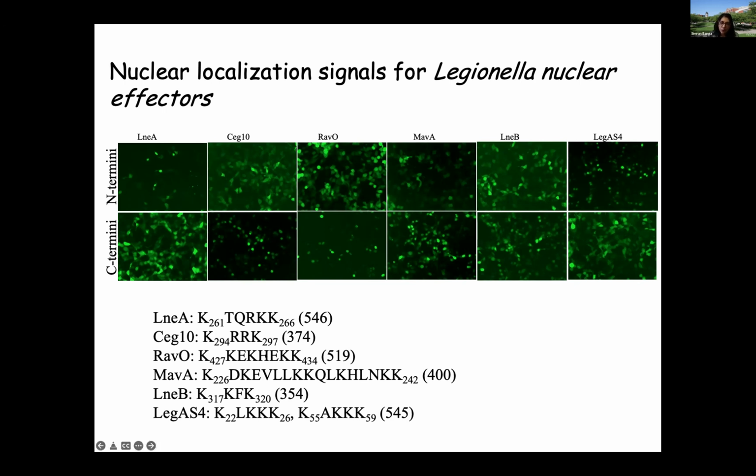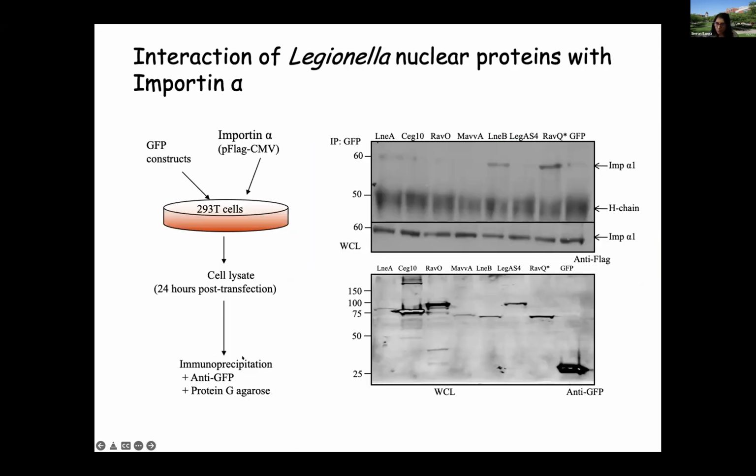So if these are NLS sequences, then they have to also bind to the importins. Here is where I looked for the interaction of the Legionella nuclear proteins with importin alpha. There are different importins here: alpha 1, alpha 2, alpha 3, which are involved in taking the cargoes from the cytoplasm to the nucleus.